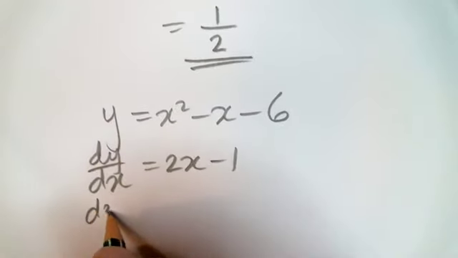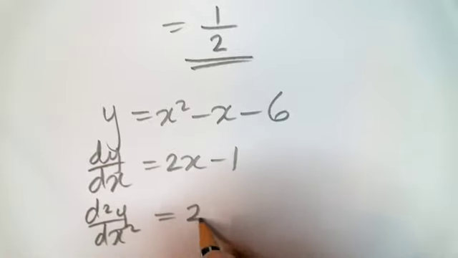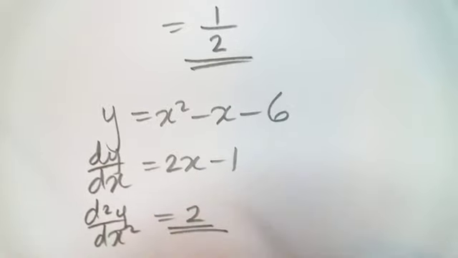Differentiate again. We're going to have d squared y over dx squared, and by doing it the second time, we get a value. Now, I'm not particularly concerned with how big or small this value is, only that it is either less than 0 or greater than 0. If it was 3, 2, or 200, or 2 billion, it doesn't matter.